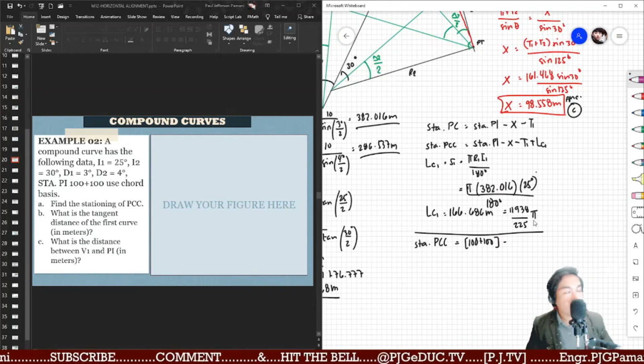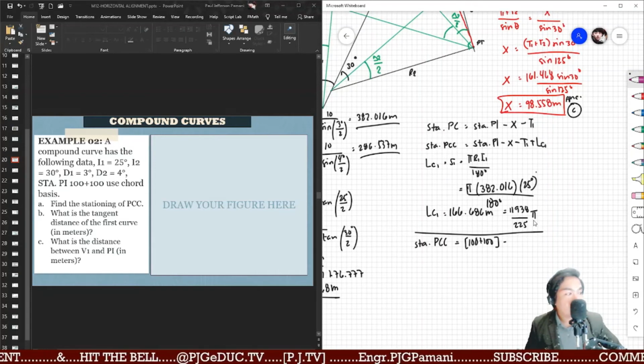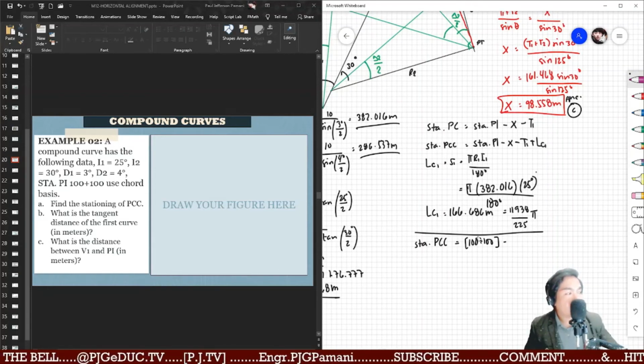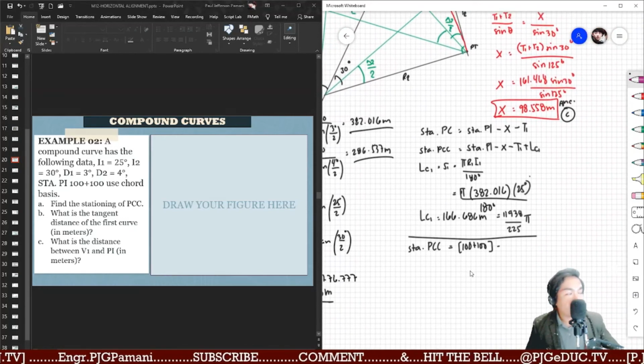Assume na lang natin na meters yung 100 para buo.